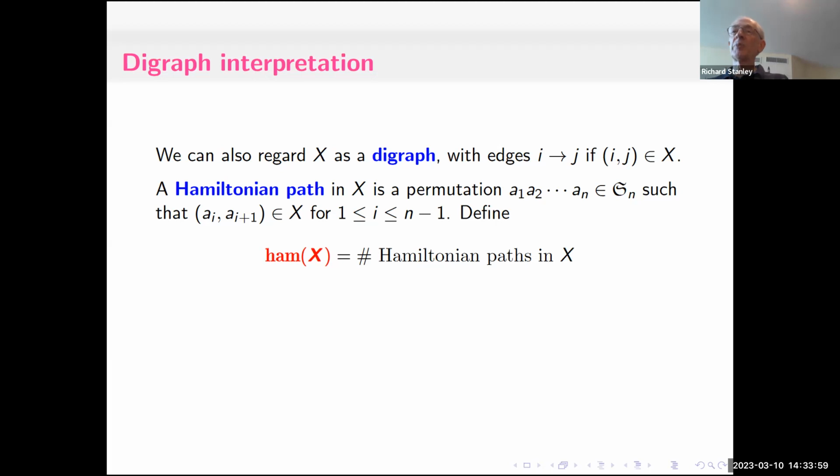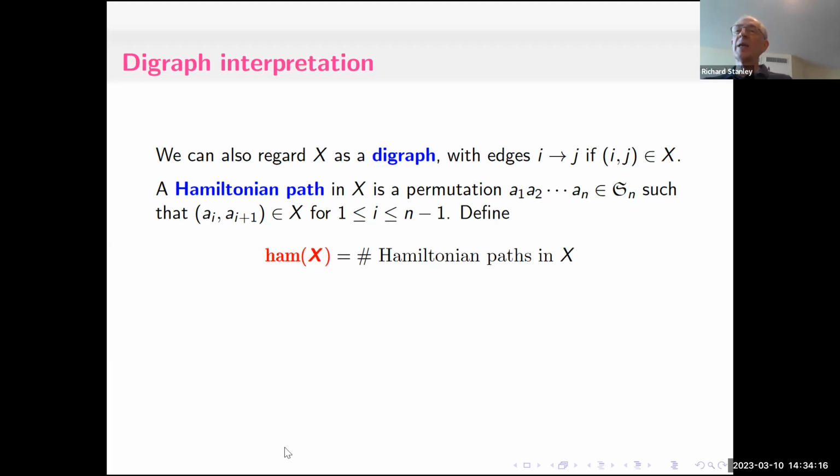Because I'm going to now change the subject to getting a different kind of angle on X descent sets, by thinking of X as a digraph. I think graph theoretically.